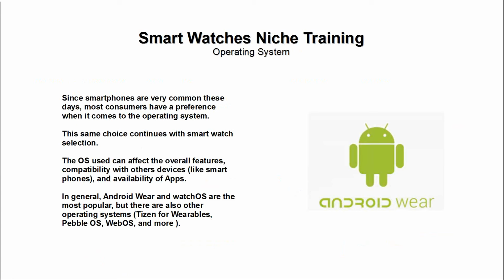The operating system can also end up affecting the overall features that are part of it, the compatibility with other devices such as other smartphones, like I mentioned an Apple Watch and an iPhone pairing together, and even the availability of apps. So people that want to do a particular thing may need to get a phone with a very specific operating system, or those features may simply not be available to them.